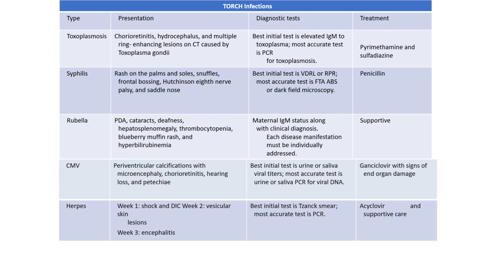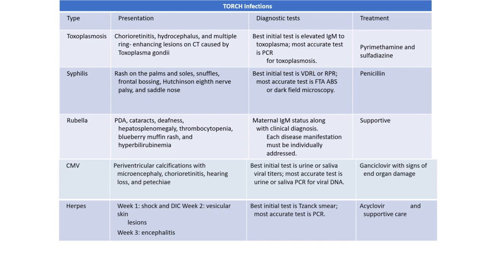The next category is CMV. CMV presents with periventricular calcification with microcephaly, chorioretinitis, hearing loss, and petechiae.